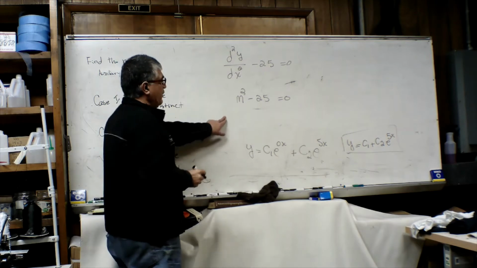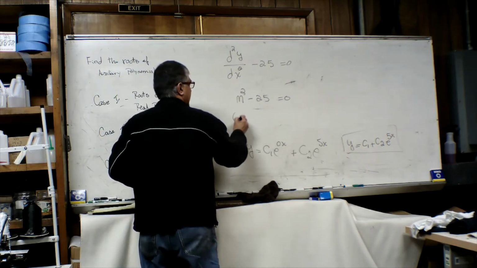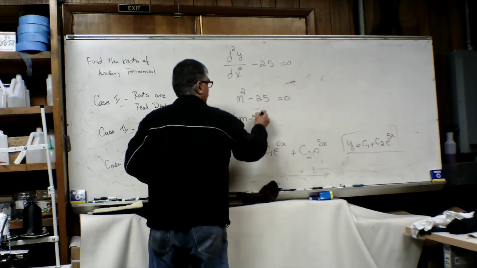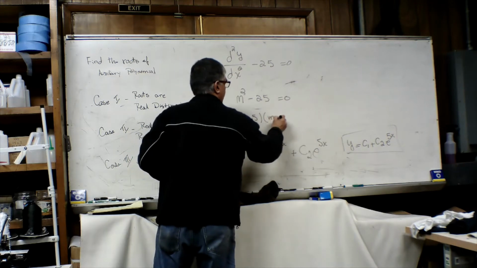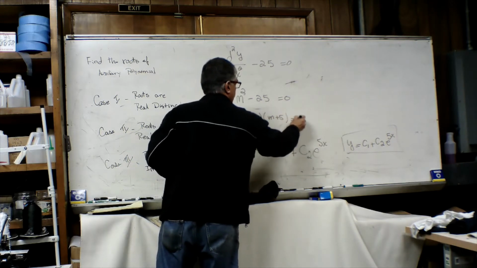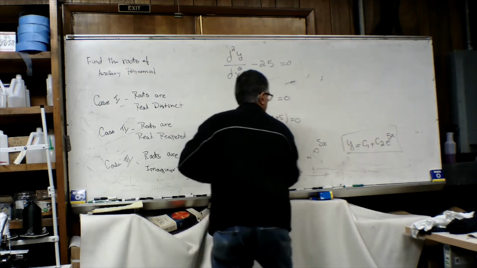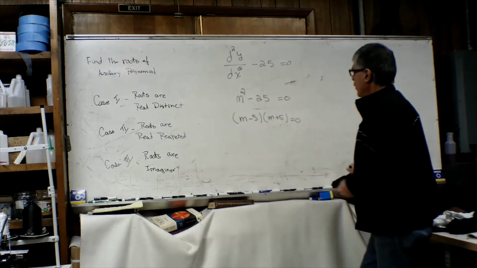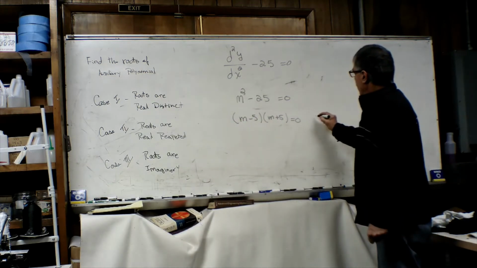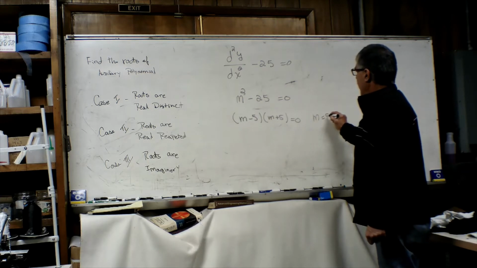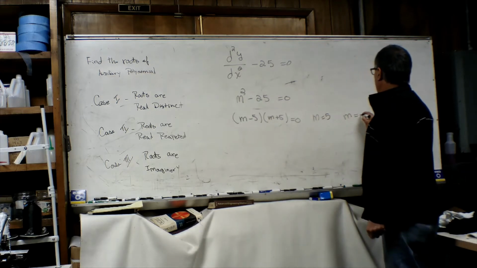If we factor this out, we can write this as (m minus 5) times (m plus 5) is equal to 0. So our roots will be m equal to 5 and m equal to minus 5.